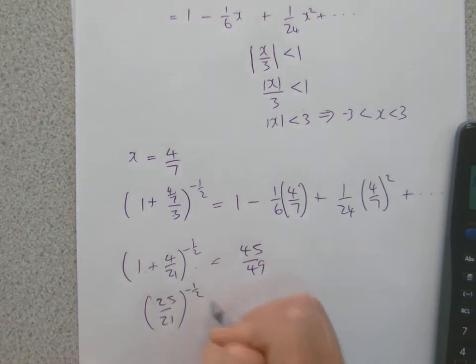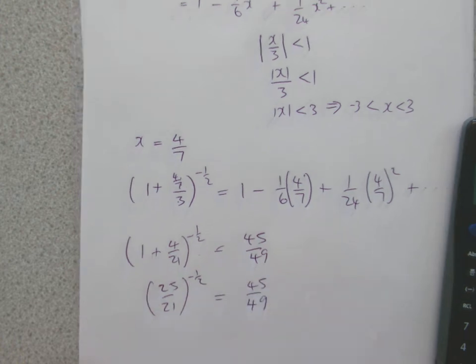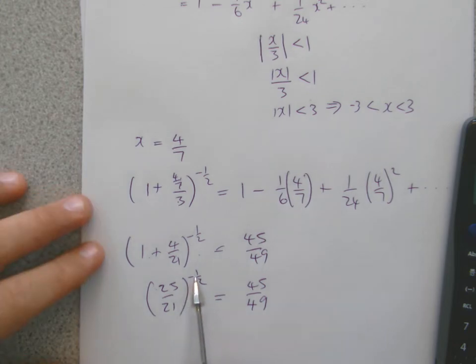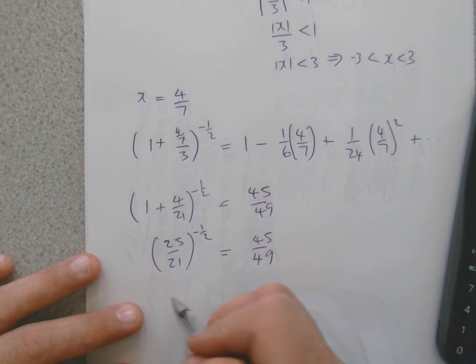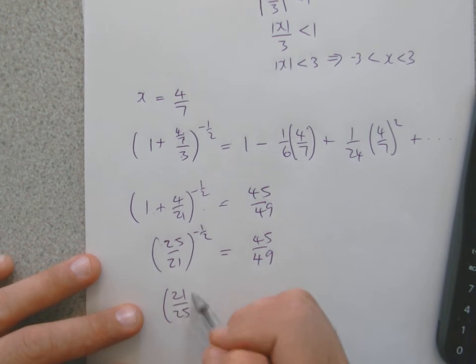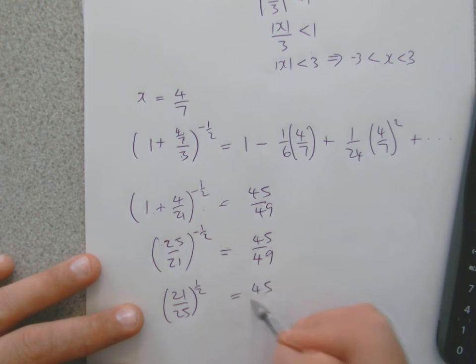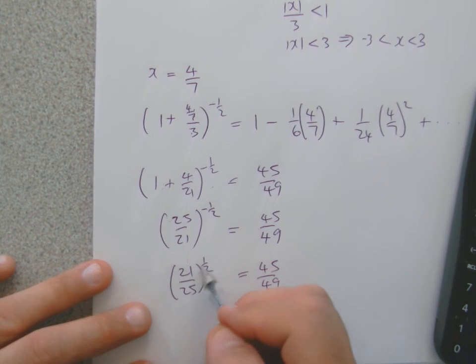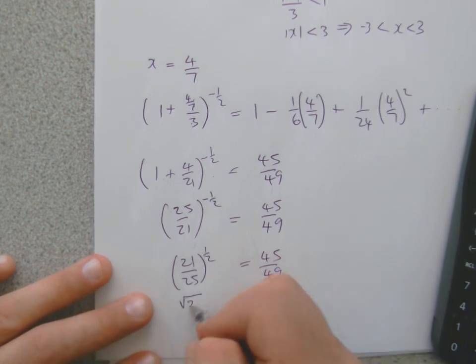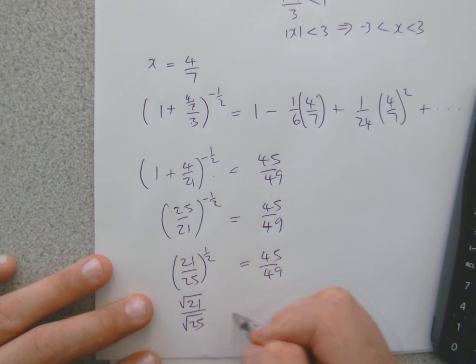Notice now I'm keeping the bracket there to the minus half, as it is. Now the next step is, because here we've got a minus half, we can't really deal with that unless you've got a calculator. So what we'll do is flip this fraction, so it becomes 21 over 25, and what that has the effect of is it makes the power a positive. And because it's now positive, that's power half. That's just root 21 over root 25.